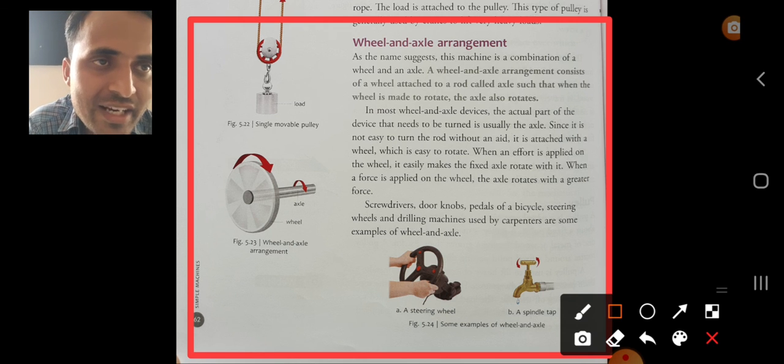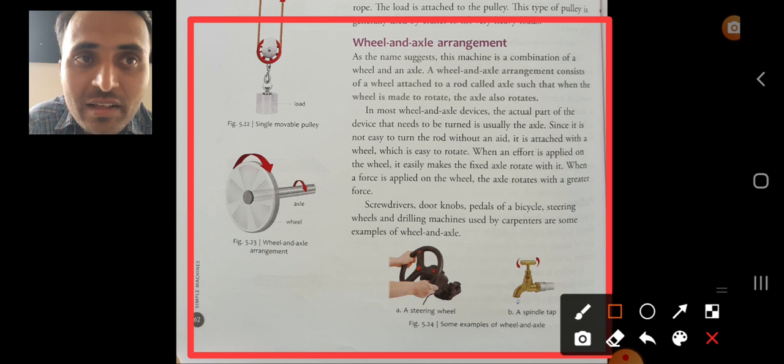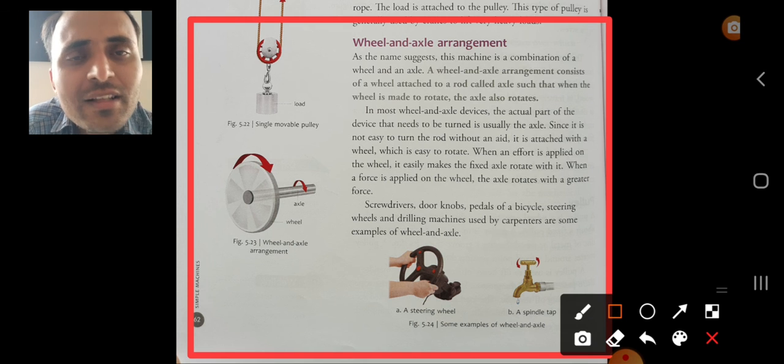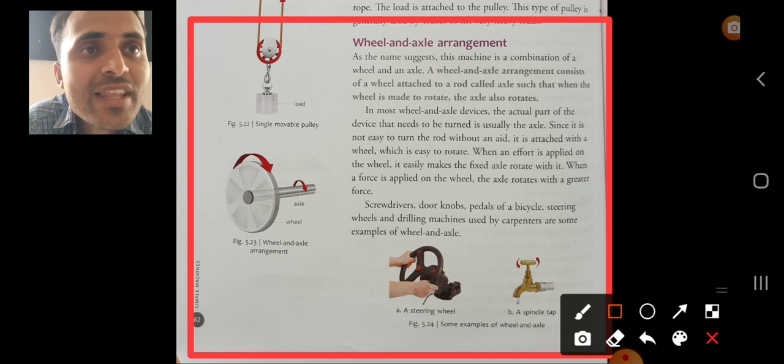The machine is the combination of a wheel and axle. A wheel and axle arrangement consists of a wheel attached to a rod, and that rod is called the axle, such that when the wheel is made to rotate, the axle also rotates. In short, the movement of the axle is controlled by the wheel or handle, not the tire wheel.